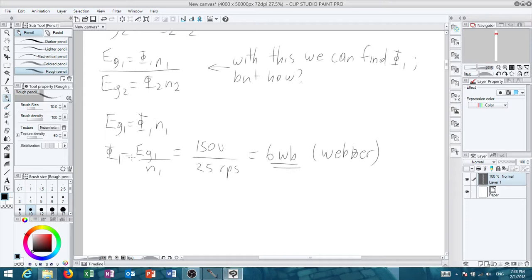Now we know phi 1, but we can do the same with phi 2 and do the comparison. So we can now say EG2 is equal to phi 2 N2, and we transpose the formula the same way.